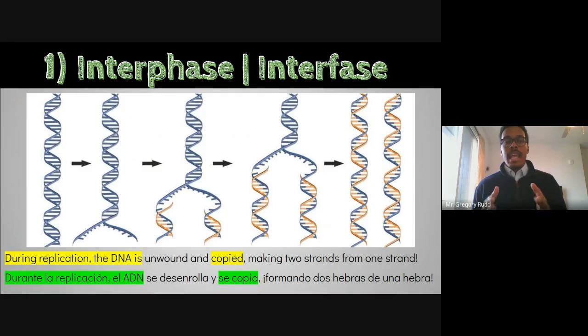Remember, enzymes end in ASE typically. So there's an enzyme called helicase that comes through and it unzips the DNA. And so it splits up the 2 strands, and now each of the strands can be copied. And we can see that process taking place here. We start unzipping in the upward direction. And each of the blue strands is copied to create another orange strand. And then the end result is 2 new exact copies of each other, 2 DNA strands that are exact copies of each other.